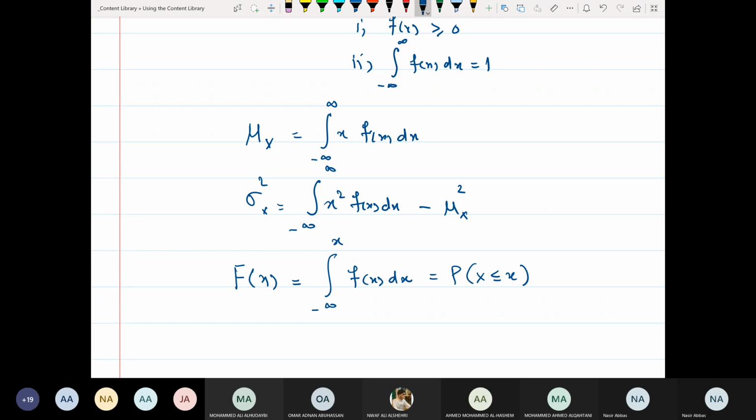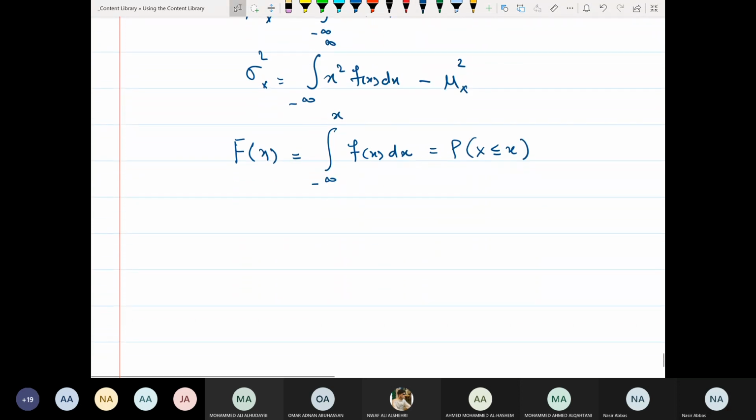Using this CDF, you can find several percentiles. That is, you can find the median by using capital F of median equals 0.5. You solve this equation and you will get the median. Similarly, if I ask you to find the first quartile, you will solve F of Q1 equals 0.25.